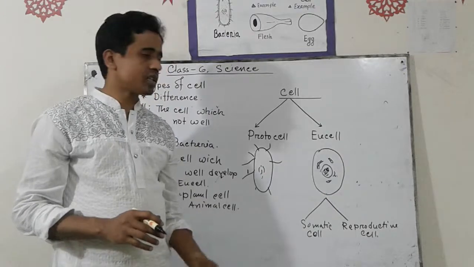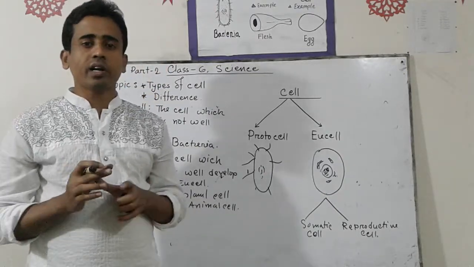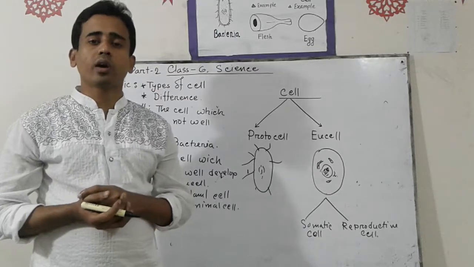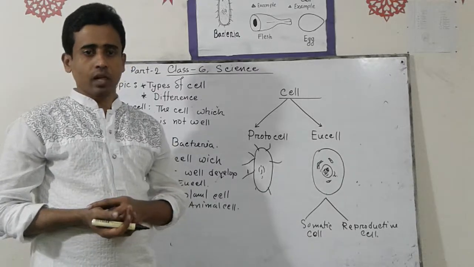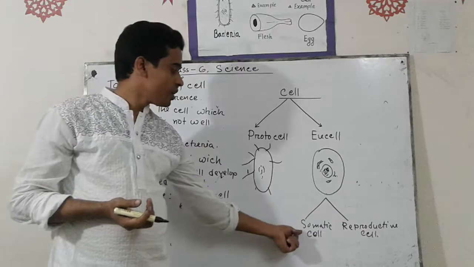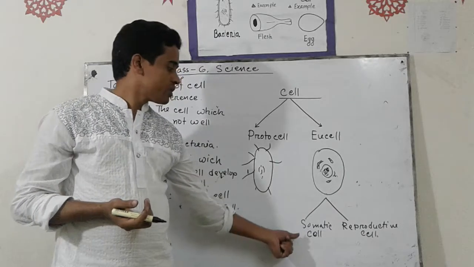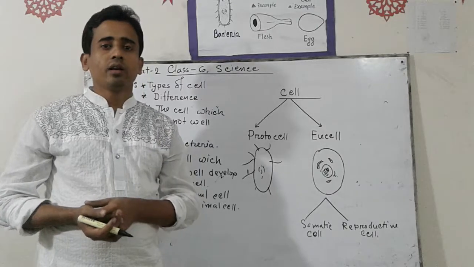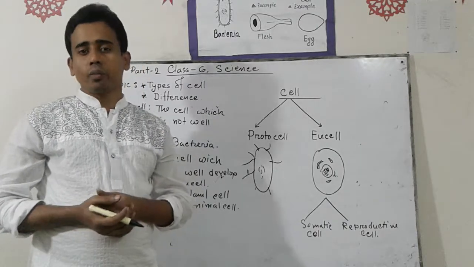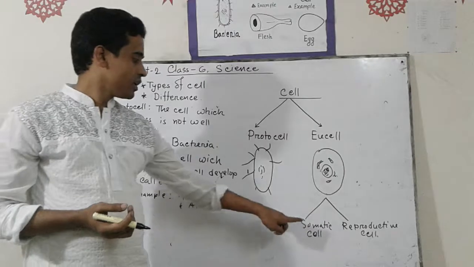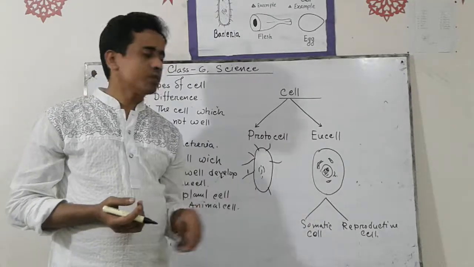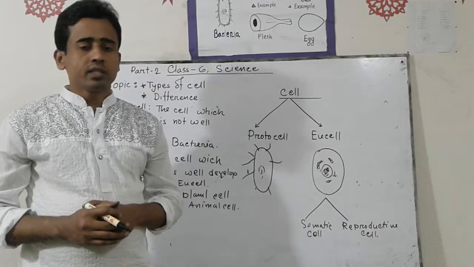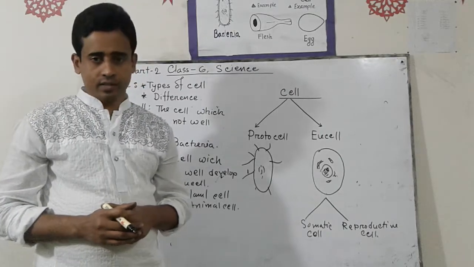Somatic cell, the cell which takes part in growth and development of a living organism's body. Am I clear? The cell which takes part in growth and development of our body is called somatic cell. And reproductive cell, the cell which takes part in reproduction.